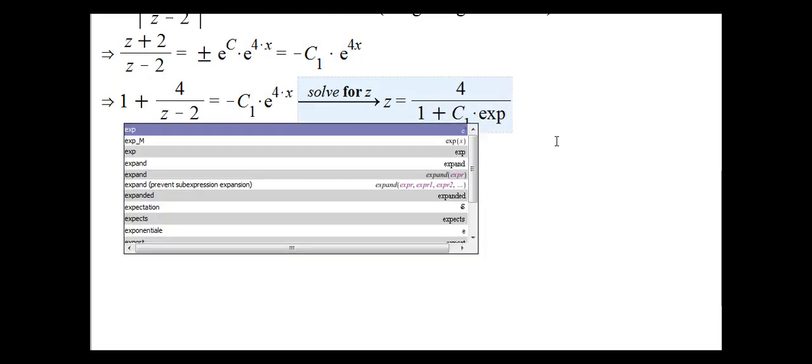Maybe it is much better to use minus c1. So you have here is 1 plus c1 times the exponential of 4x, plus 2. Now let me check again. This one is minus 4.